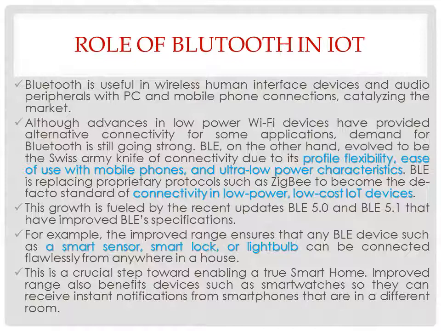This is a crucial step towards enabling a true smart home. Improved range also benefits devices such as smartwatches, so they can receive instant notifications from smartphones that are in a different room.